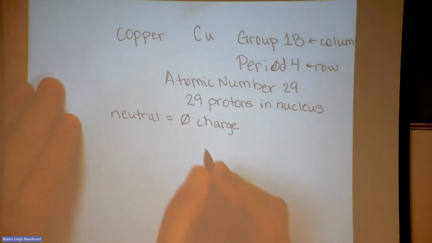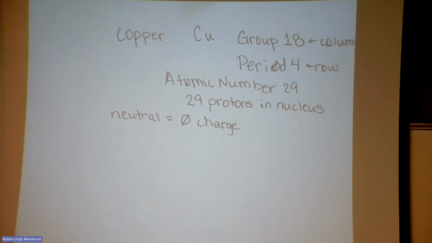So protons are positive, and we're not going to use the actual measured charge. We're going to use the relative. Electrons and protons are opposite each other. So we're just going to say that the protons are positive and the electrons, the opposite of a positive, is a negative.